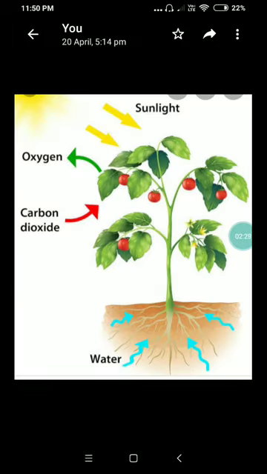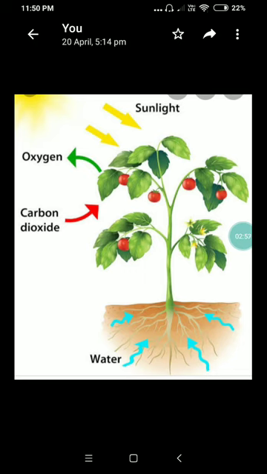Green plants make their own food in the presence of sunlight using carbon dioxide, which means from air, and water, which means from soil. Green plants are able to make their own food through a process called photosynthesis. Photo means light and synthesis means put together, right?